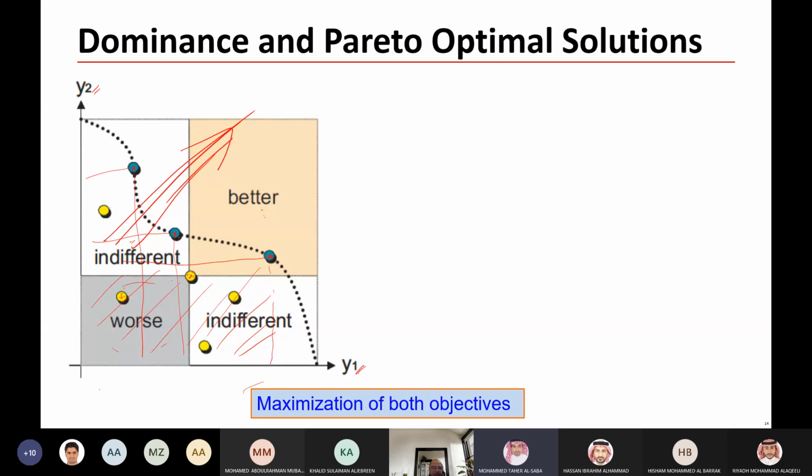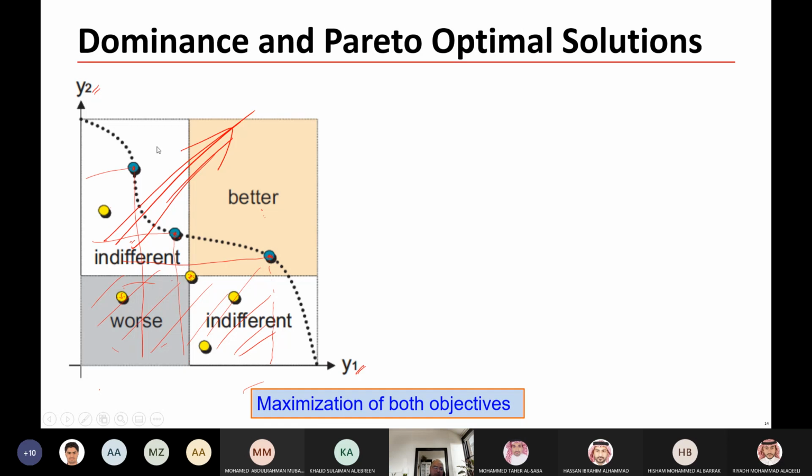Yes, they are non-dominated. None dominates the other. So with respect to each other, they are non-dominated solutions.